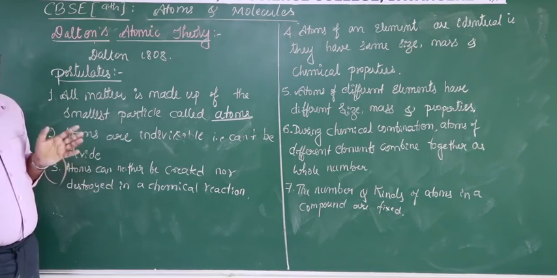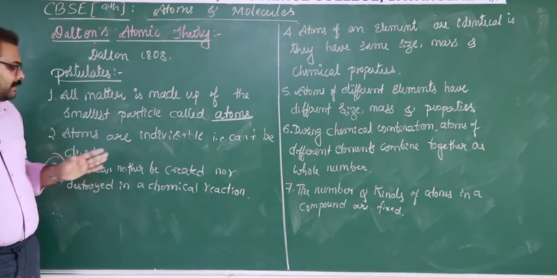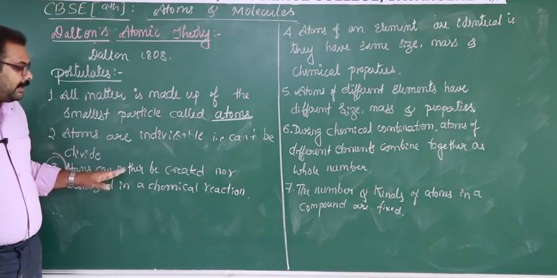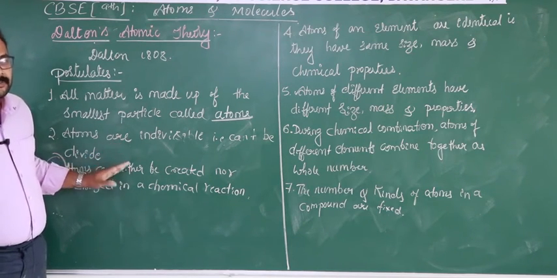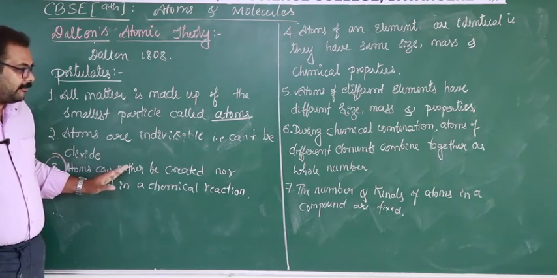It says that mass can neither be created nor destroyed during a chemical reaction. Similarly, here also atoms can neither be created nor destroyed during a chemical reaction. So this postulate mainly depends upon the first law of chemical combination, that is the law of conservation of mass.